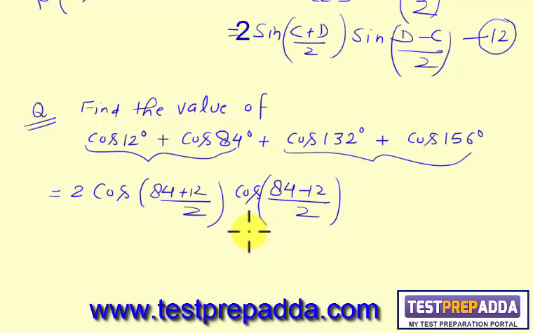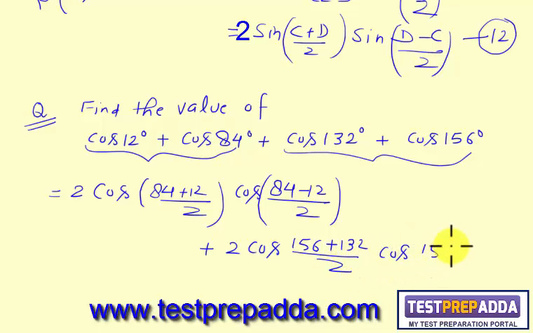Got it? And plus 2 cos. C plus cos D is what? 2 cos (C plus D by 2) into cos (C minus D by 2). So here also same way I'll use (156 plus 132 by 2) into cos (156 minus 132 by 2).